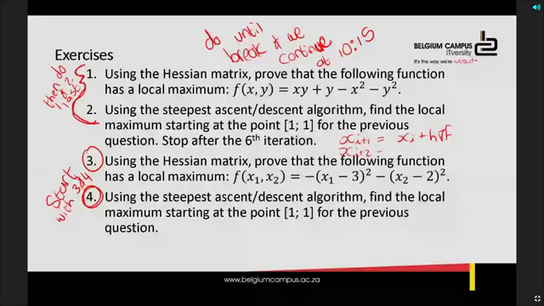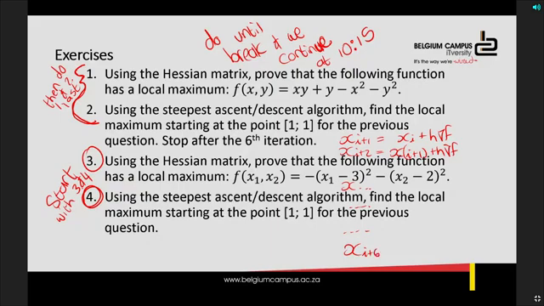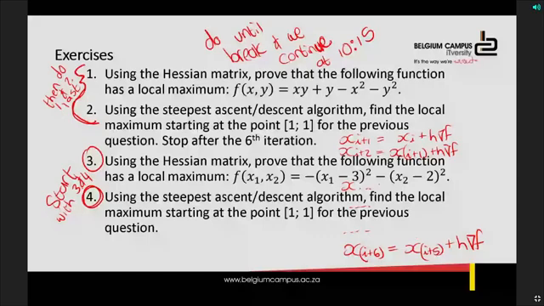Then you'll have your second step, which comes from the first one, and then its own gradient and its own step size. Third, fourth, fifth, and you'll go up until the 6th iteration, the 6th step. Right, after, they're saying after, so you still need to do it. So i plus 5, then that gradient and that step size. Right, just to make sure you practice more than enough.